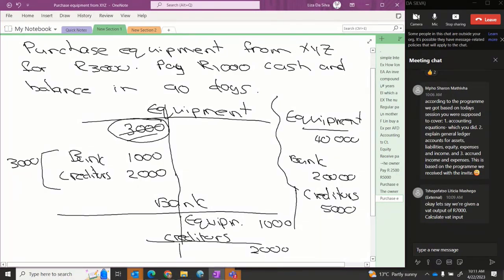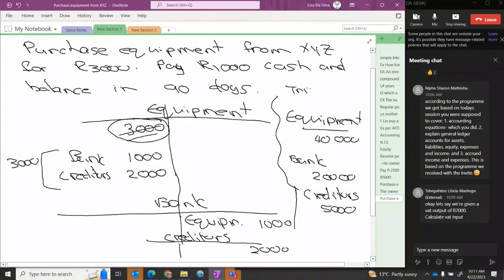And they say these balances are wrong, and they saw that this transaction must still be done in your books. So how are you going to change those balances? The equipment one, are you going to plus or minus something from the 40,000? This is now a trial balance they gave you here.